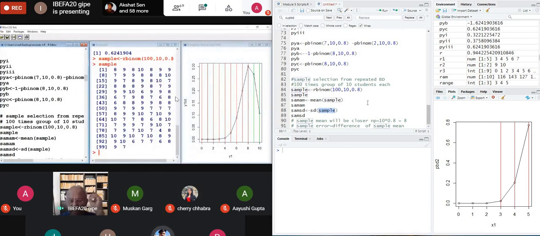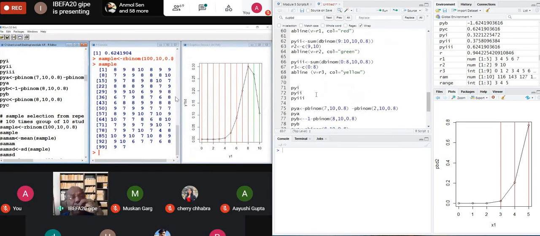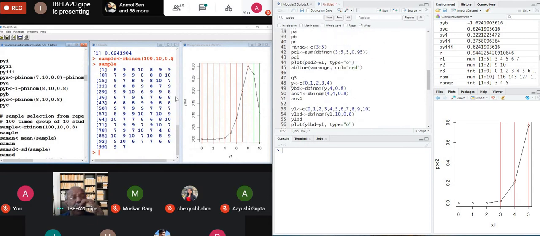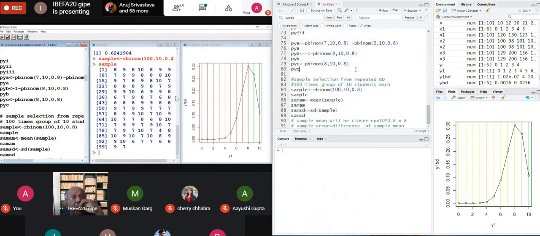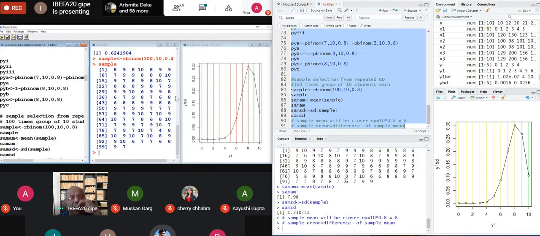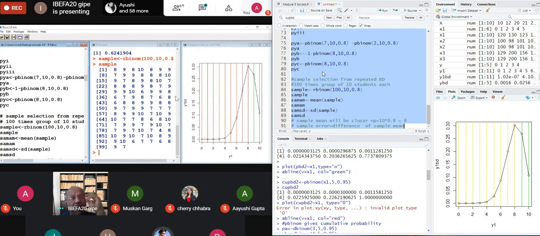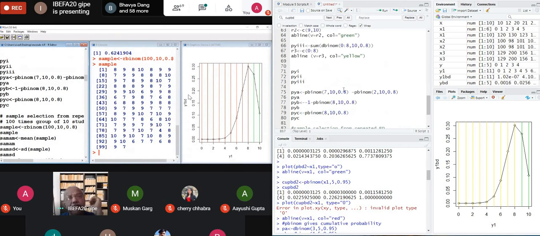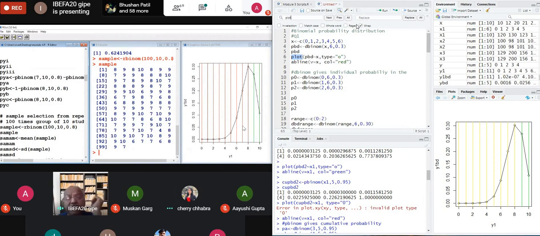If we have the data of 10, then n is equal to 10. So 8 out of 10 are successes. Next, 9, what is the meaning? So 9 out of 10 are successes. So in each sample, the number of successes will be different.